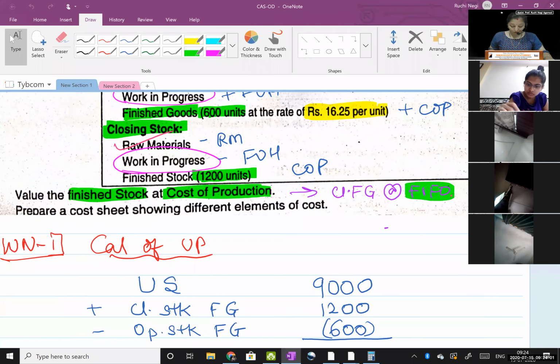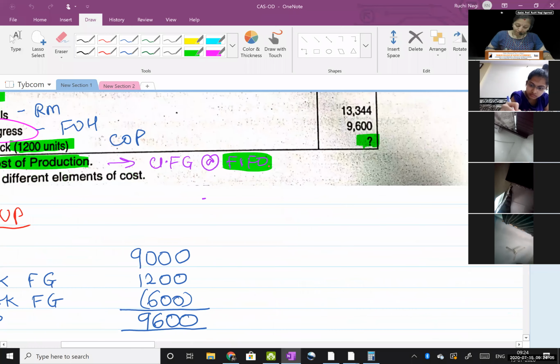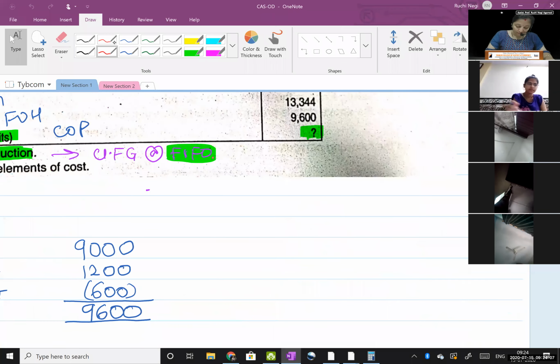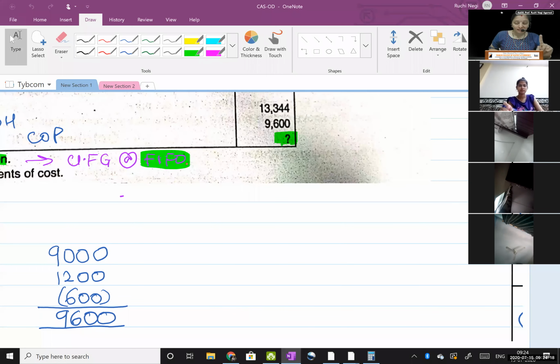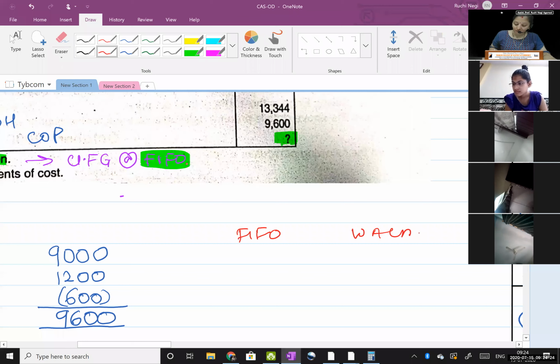Value finished stock at cost of production. Okay. So let me remind you with the theory what we had done. That was your note number 4, calculation of closing stock of finished goods as per FIFO and weighted average. We have two methods of calculation, FIFO and weighted average cost method.